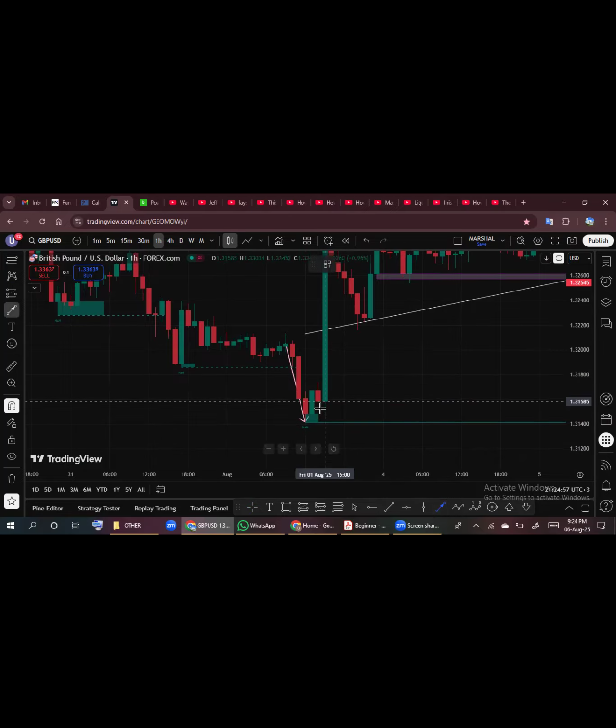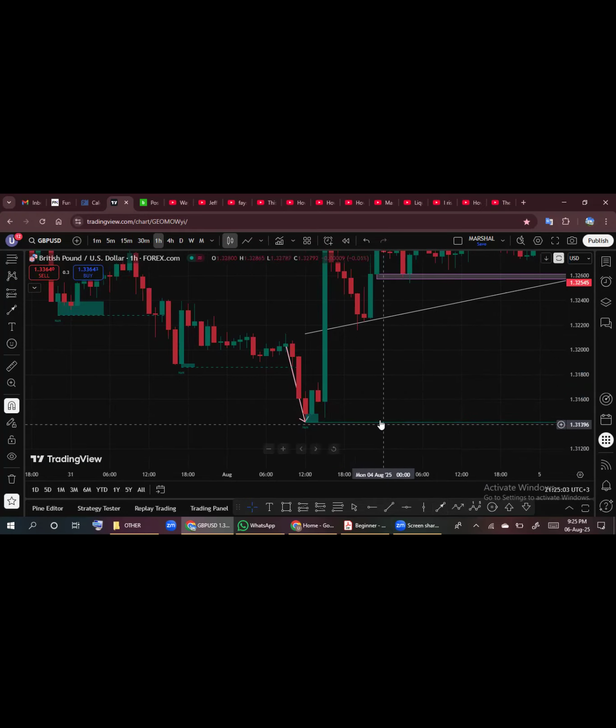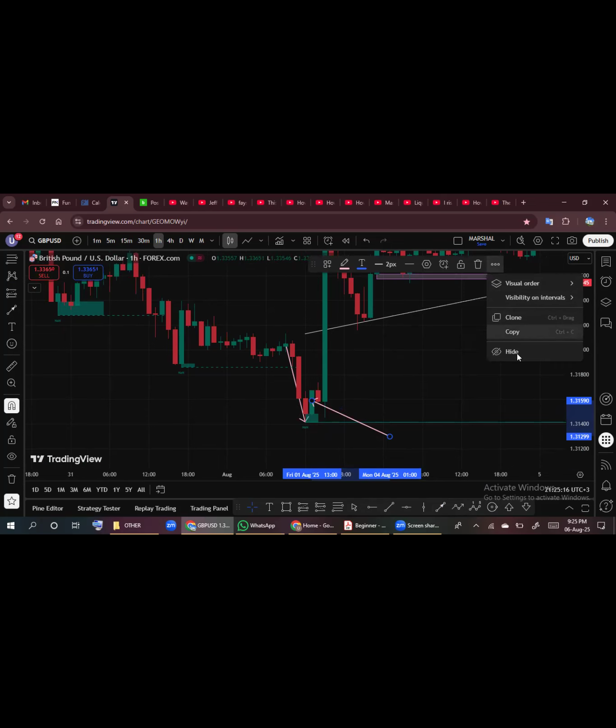So this green candle right here is our engulfing candle. So this green candle swallows up. Why is it showing behind?